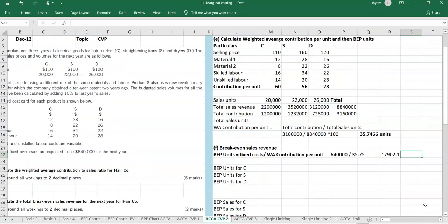Sorry, we can't say this as, this is dollars per unit, and this is units.